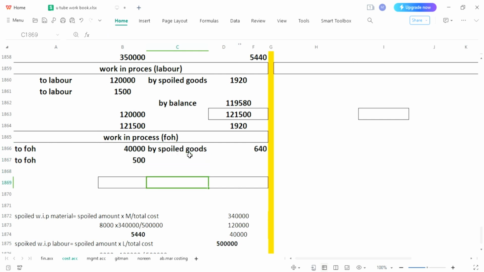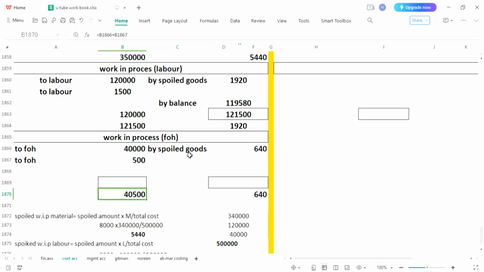Input has been completed. It's time to calculate the balance, where we will calculate sum of both sides. Sum of debit side is 40,500. Sum of credit side is only 640, as one amount was mentioned.